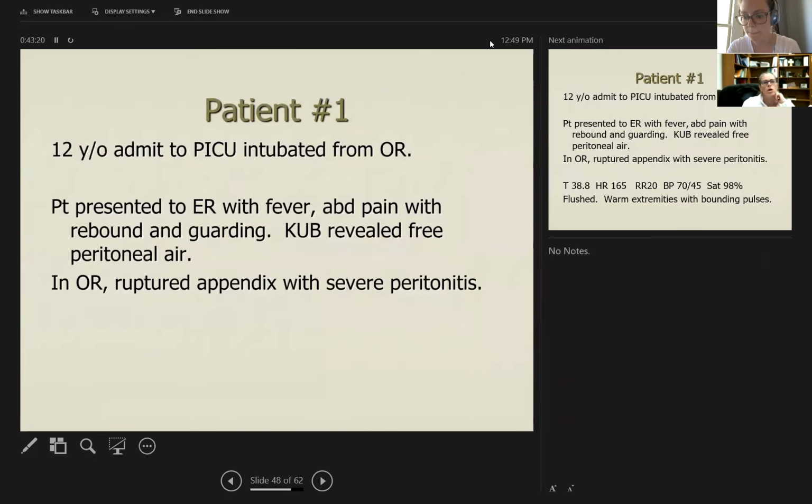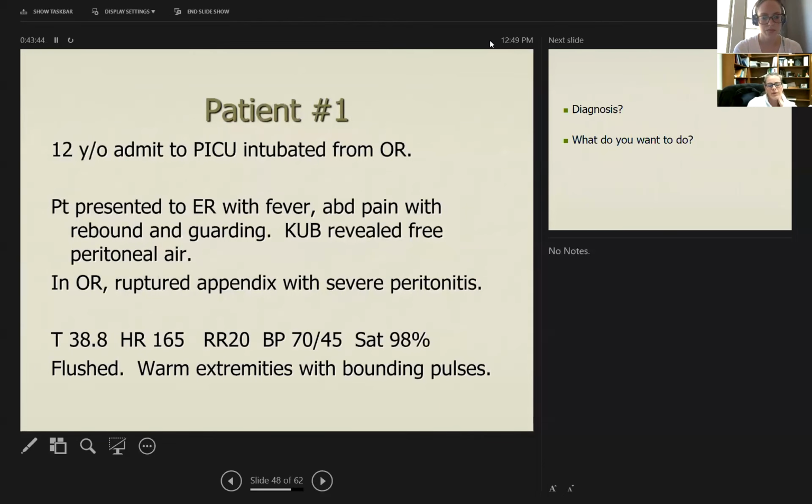Okay, so patient number 1 is a 12-year-old admitted to the PICU, intubated from the operating room. The patient presented to the emergency room with fever, abdominal pain with rebound and guarding, and a KUB revealed free peritoneal air. Child was taken emergently to the operating room where they found a ruptured appendix with severe peritonitis.